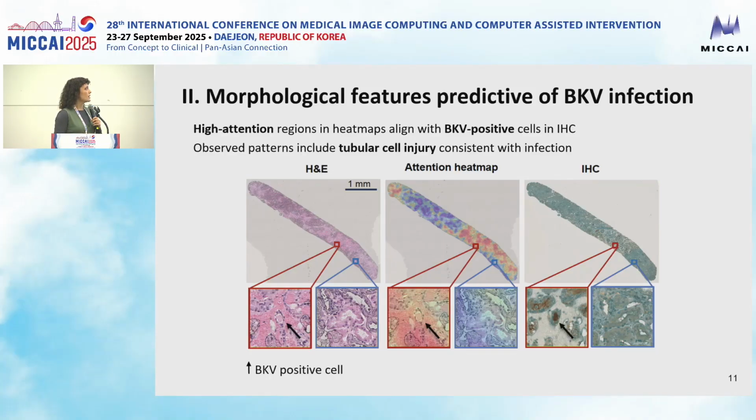In the red boxes, we can see an example of a high attention patch, which includes positive nuclei, as we can see in the IHC slide, as brown stained cells. In the blue boxes, we can see an example of a low attention patch that includes no infected cells. These attention heat maps are also quite informative because the pathologists could visualize them and see that in the high attention regions, there were some signs of infection, for example, tubular cell injury.